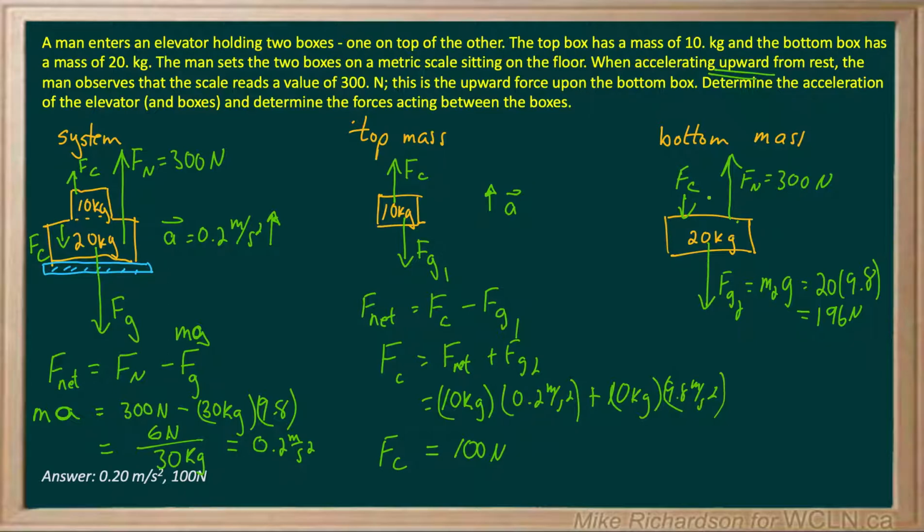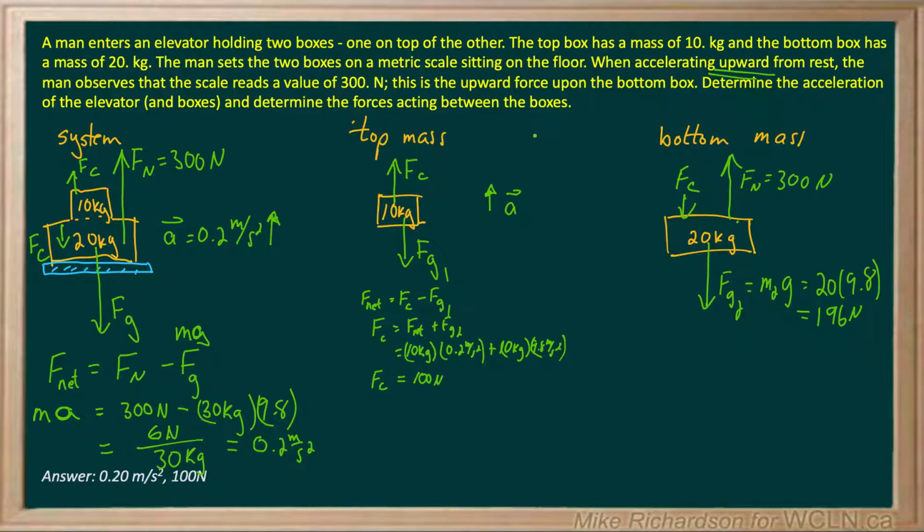So when I look at that bottom mass, I've got 3 forces that I have to weave into my net force equation. Let me make a little room here. Okay, for the bottom mass, I get my net force, which is the sum of all the forces acting on that mass. Now remember, up is positive, so it's going to be Fn minus Fc, because Fc is down, minus Fg2.